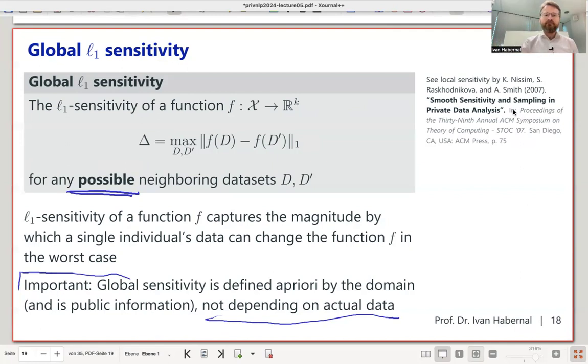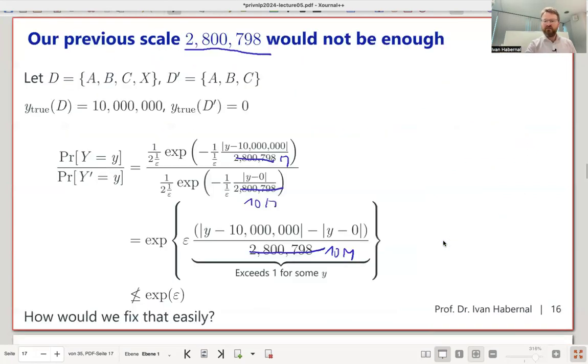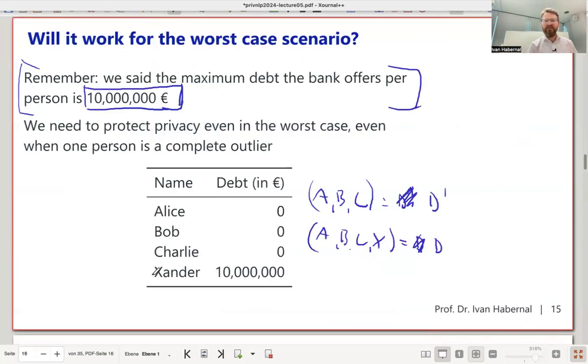Okay. So what is the L1 sensitivity doing again? It captures the magnitude by which a single individual's data can change the function f in the worst case. Okay, cool. The worst case is here. If we have this data set and we add one person, the influence on the sum query will be 10 million in the worst case. And this is for the sum query, right?